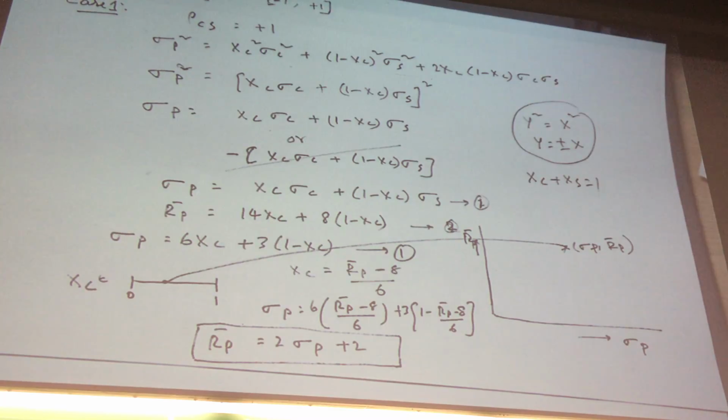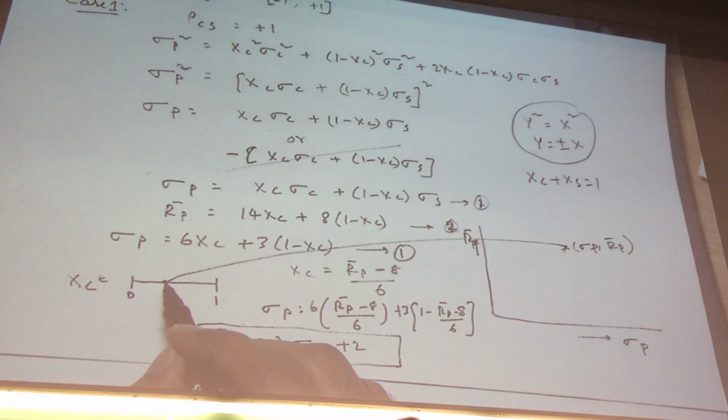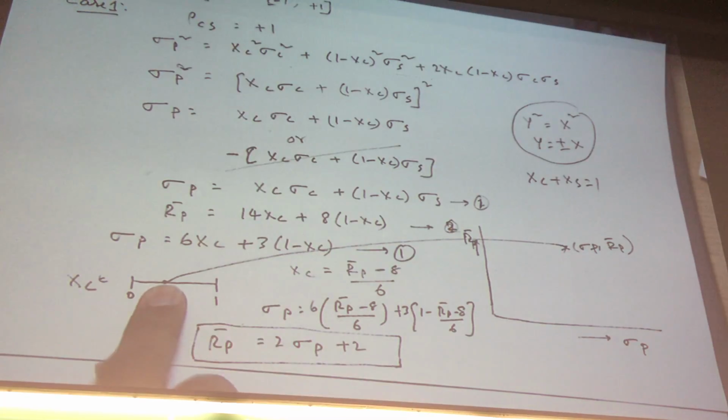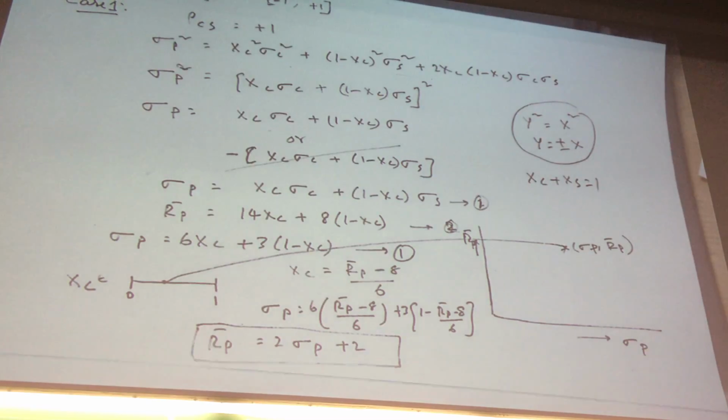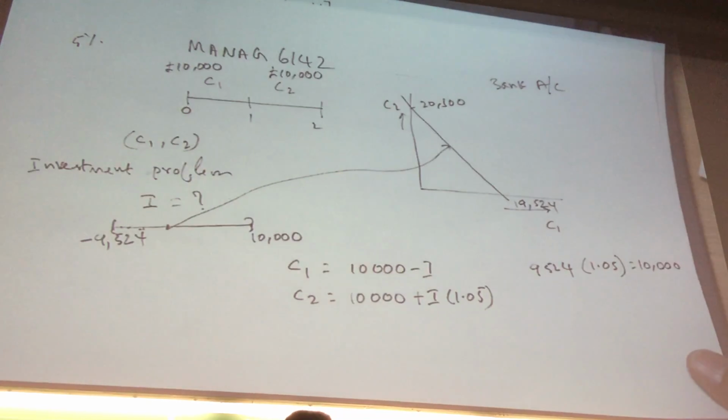Okay, that is what investment strategy is. So that means your strategy is nothing but choosing the xc value, this point. And the consequence of the investment strategy is reflected in terms of the standard deviation and the returns of the portfolio.